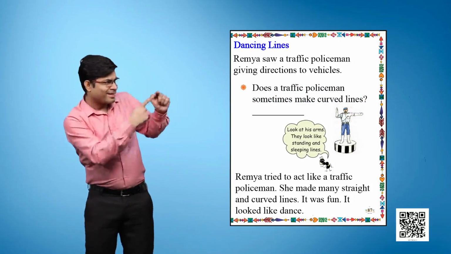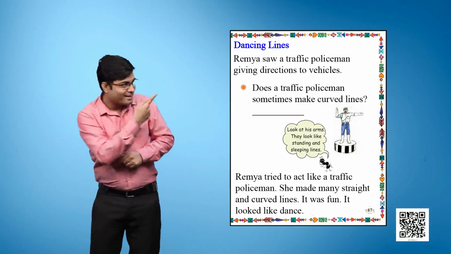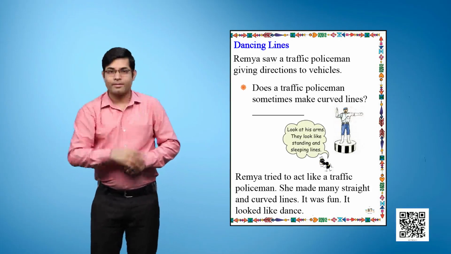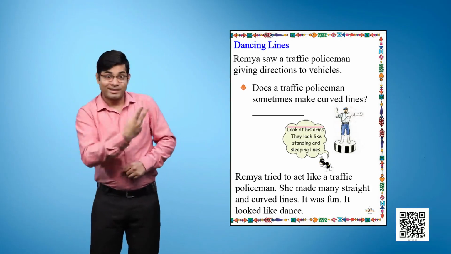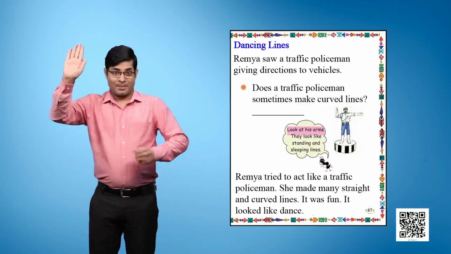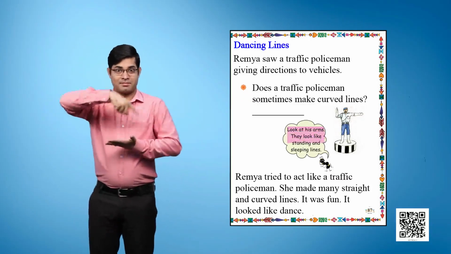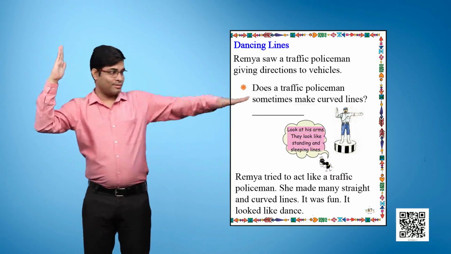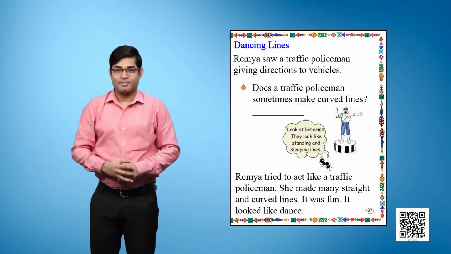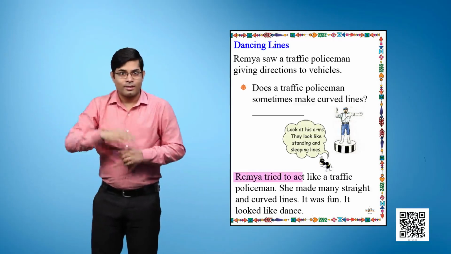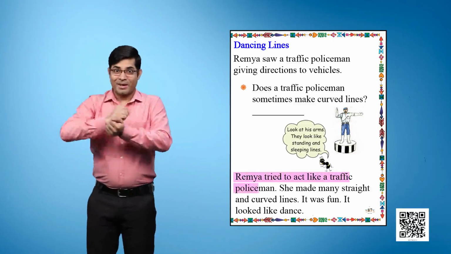Below this picture there is a small black ant who is saying, "Look at his arms. They look like standing and sleeping lines." Ramya tried to act like a traffic policeman.